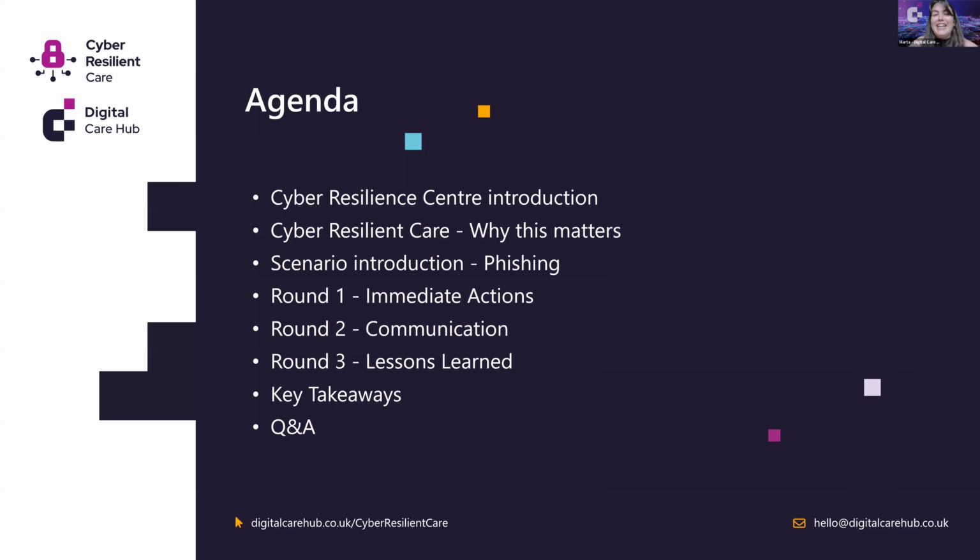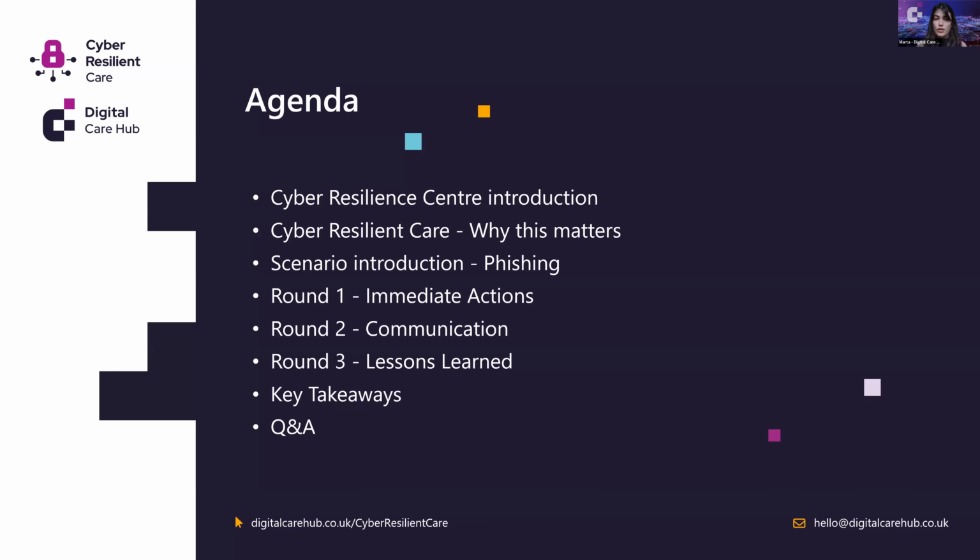So what are we going to do today? We're going to go through what the Cyber Resilience Centre is and what they offer, and Nick is going to run us through a presentation on cyber attacks in the region. Then we're going to go over the Cyber Resilient Care program, which sits on top of this webinar series, why this is important and why we have created it. And then we're going to run through our scenario.